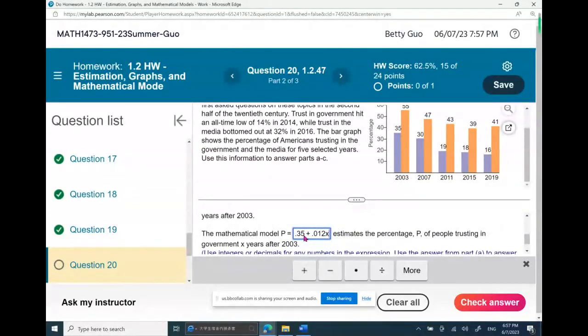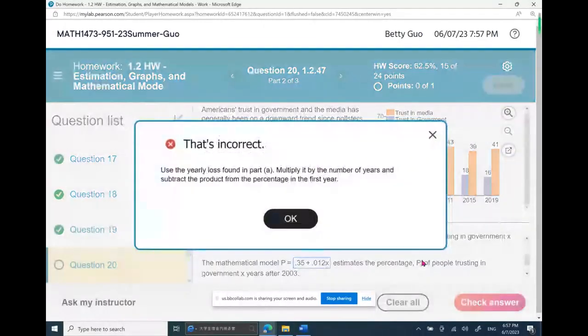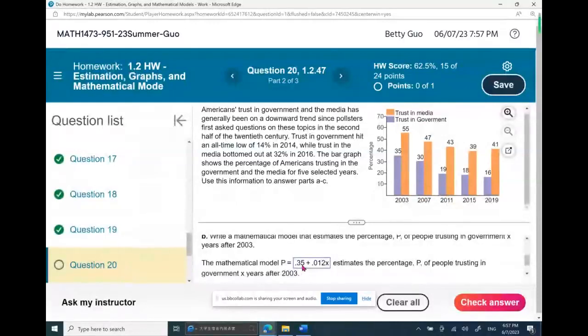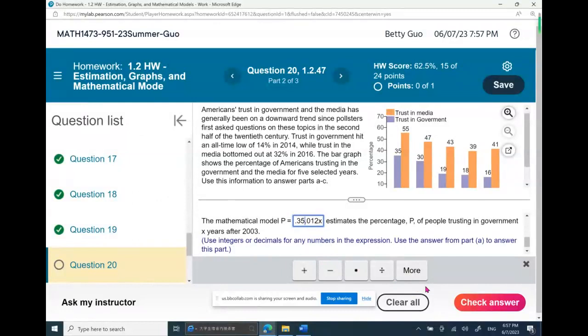Slope times x plus the intercept. Multiplied by x and then subtract. It is decreasing, so it's negative.